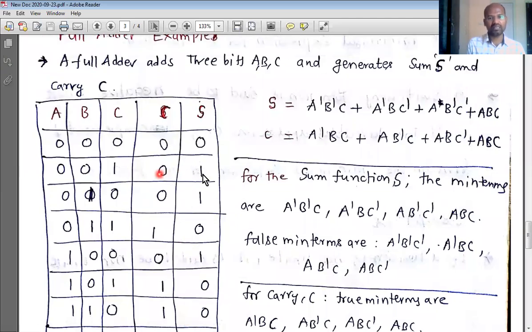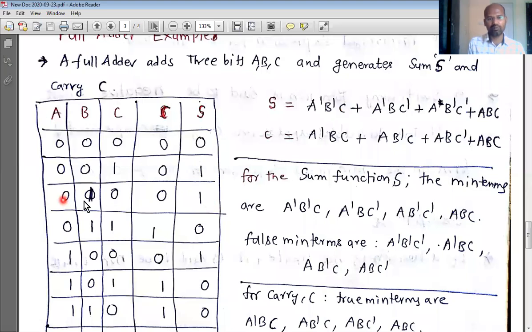How do you write A0, B0, C1? A0 means A bar. If A is 0, we write it complemented. So since A is 0, B is 0, C is 1, we write A bar, B bar, C. This is one minterm. When A is 0, B is 0 and C is 1, this will be 1.